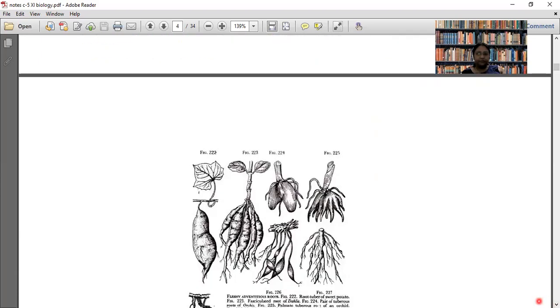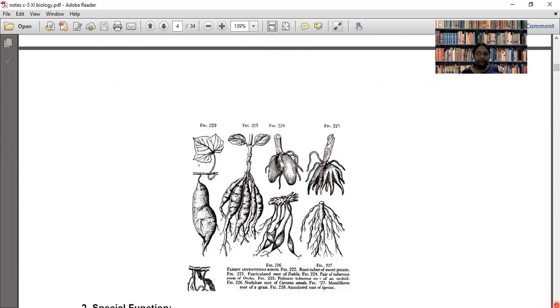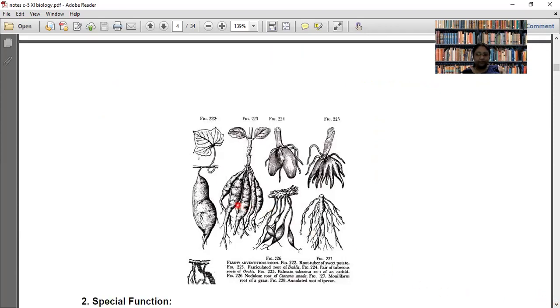Okay, so you can see this is sweet potato. Is it clear, class? Yes, ma'am. This is bead. This is beaded root. This is nodulated root.